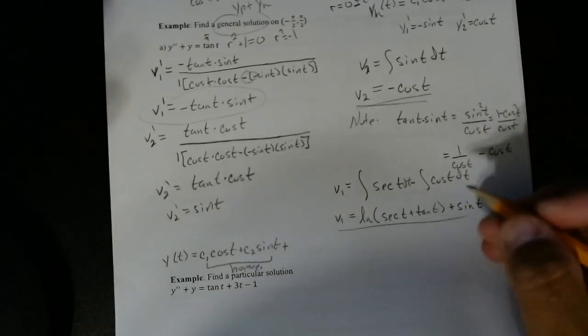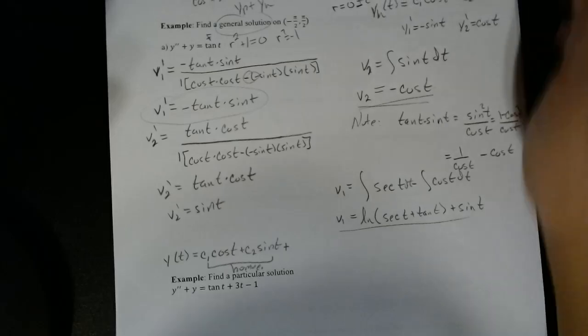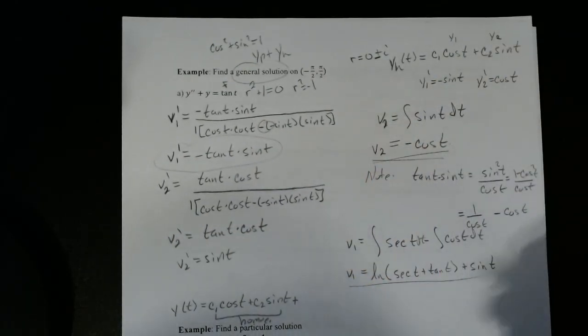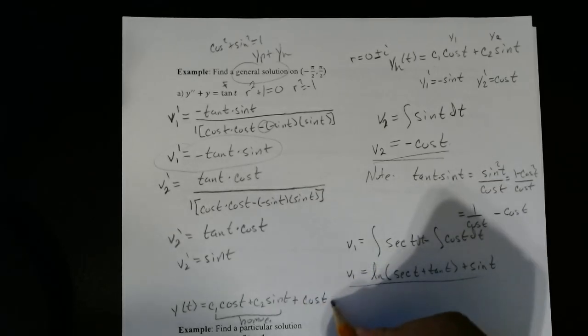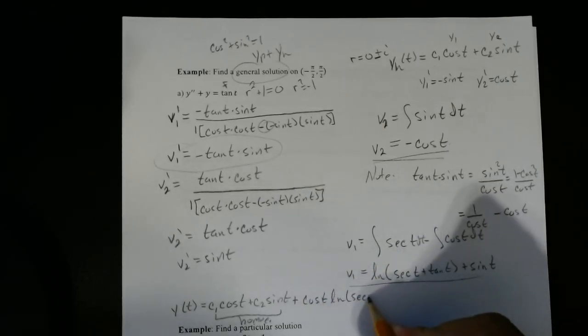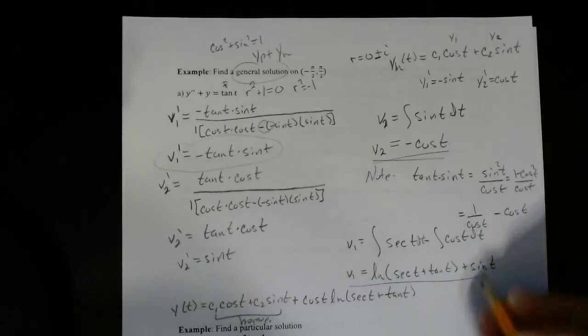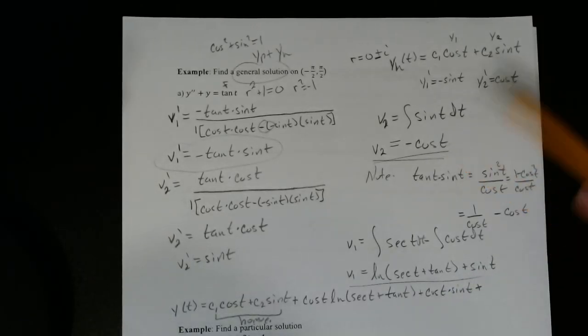So V1, which is all of this, times Y1, plus that times that.